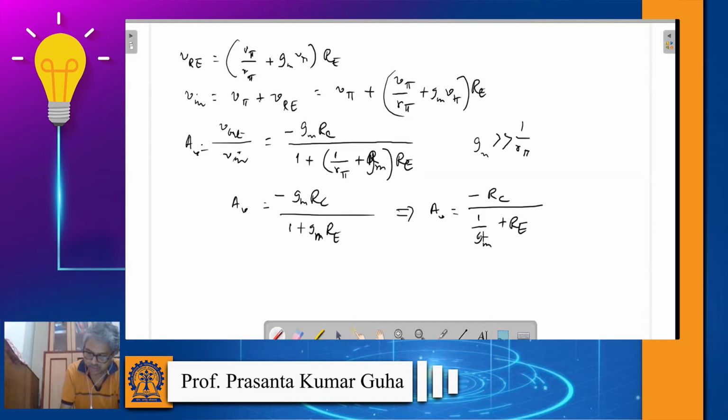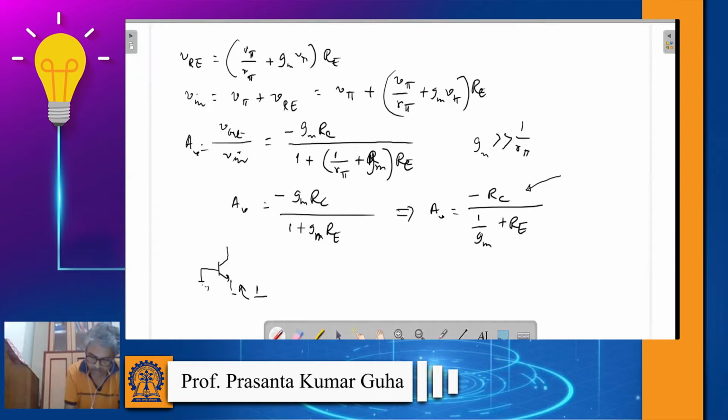One important thing I mentioned at the end of the last class: if you see this equation, this gain is basically the resistance at the collector divided by the resistance you see from the emitter side, that is 1 by gm. You remember 1 by gm is the resistance if you look from this side.